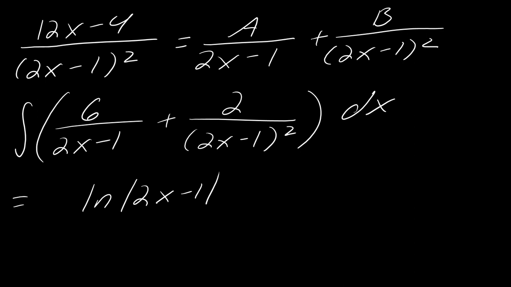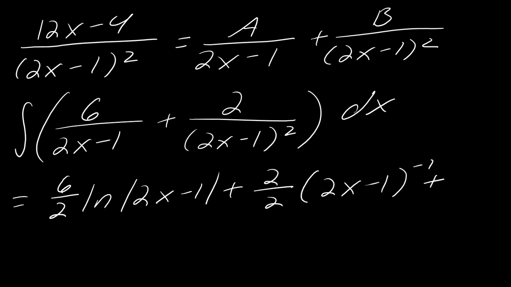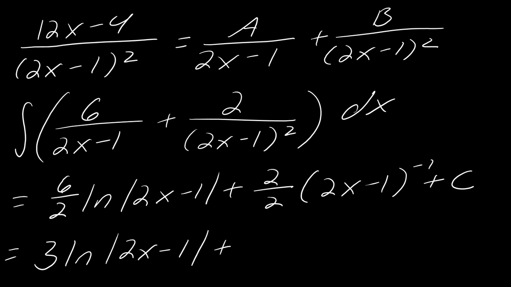Oh wait, sorry, I forgot there's a 2 in front of that x. This is 6 over 2 times the natural log of 2x minus 1. If you do your substitution, you'll see that's how the constants work out. And then this will be 2 over 2 times 2x minus 1 to the negative first, plus C. So in the end, I have 3 times the natural log of 2x minus 1 plus 1 over 2x minus 1 plus C. That'll be my final answer.